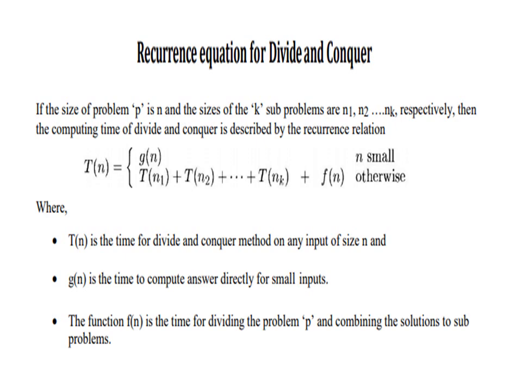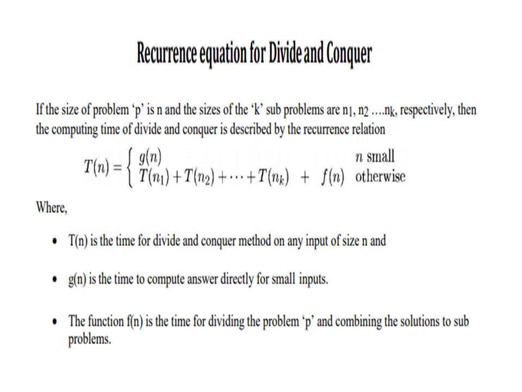The time required to divide the problem into 4 subproblems, and also the time required to merge the solutions to obtain the original solution, is indicated by the f of n here. And if n is very small, the value is equal to g of n. If n is small, then the value is indicated by the g of n.